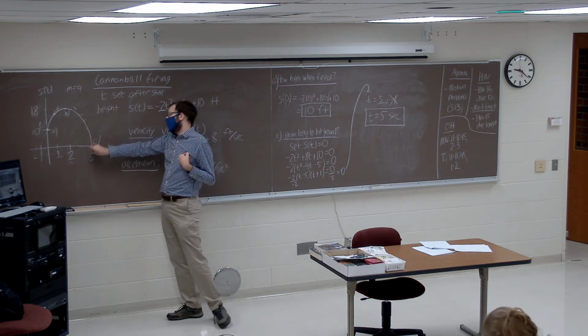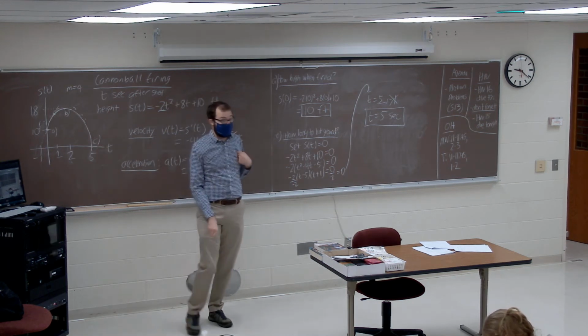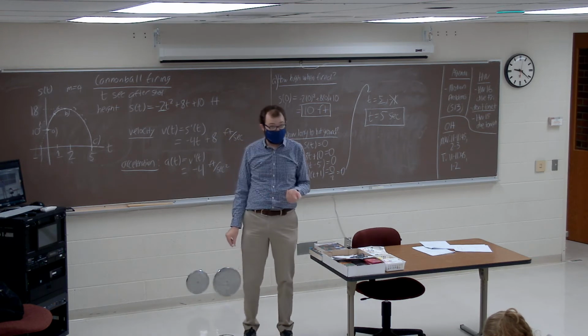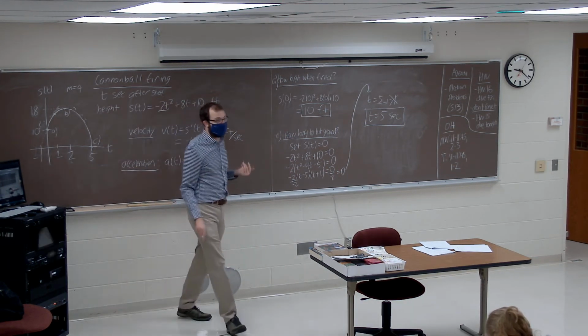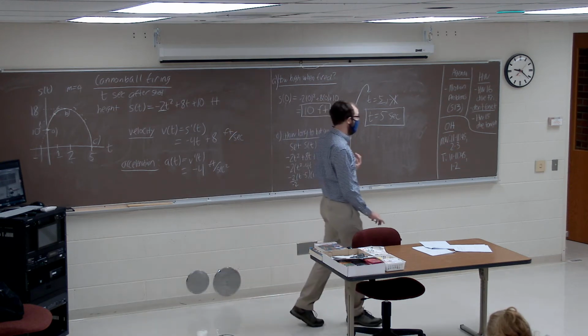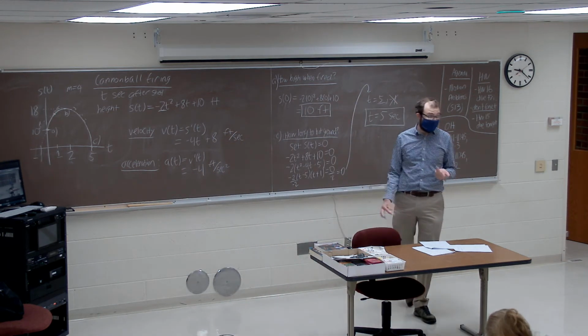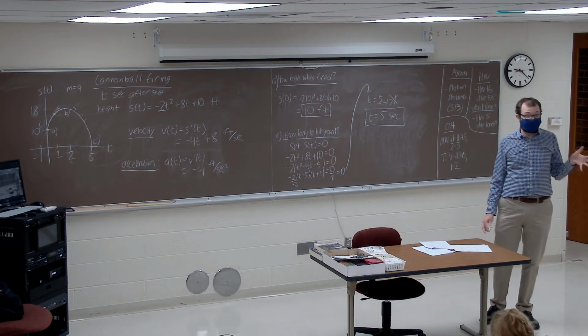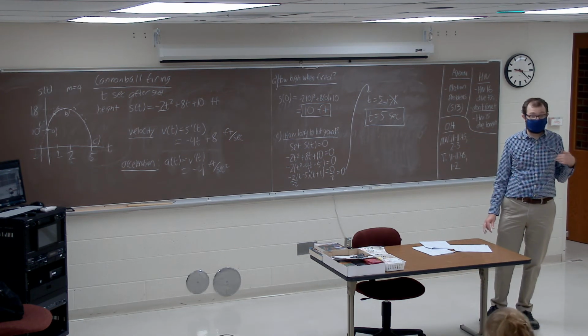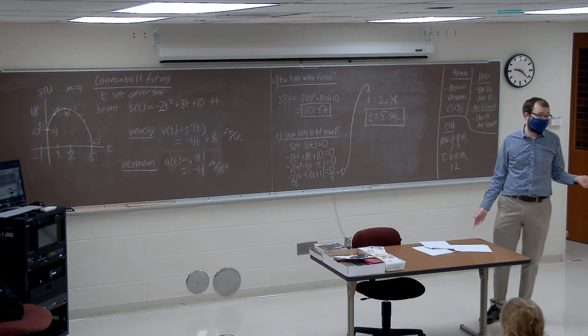For the time when the cannonball hit the ground, we needed to solve for when s of t is equal to 0. For initial height, just plug in 0 for t into s of t, to find the height at time 0. And depending on what the question's asking, you'll need to interpret which function you want to use and what you want to do with it.